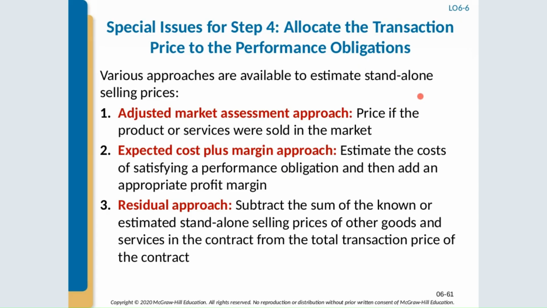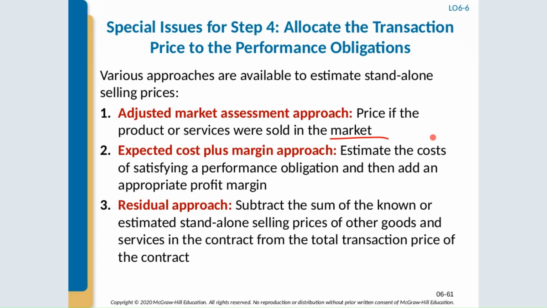One is, of course, looking at items that are similar to the items that you're selling, and then looking at what the market price of those items are. That's the adjusted market assessment approach. We may have a cost plus margin, a profit margin, if we don't have a market for that product.